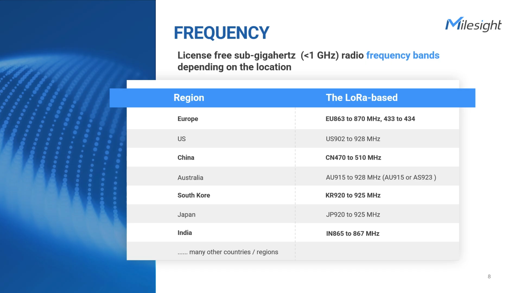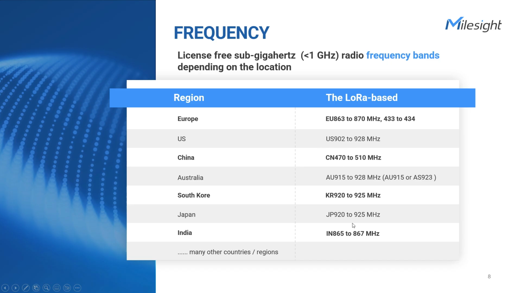For end users, they don't really have to think about this because LoRaWAN has been supported in more than 170 countries where they can find all the frequencies for their own region. For solution providers, if you want to ship devices or deploy solution in different regions, please choose the right version with the right frequency. Europe uses 868 MHz, while the USA, Brazil, and Australia use 915 MHz, for example.